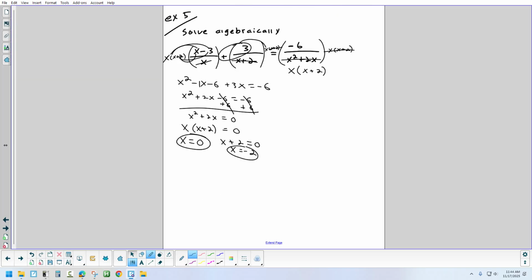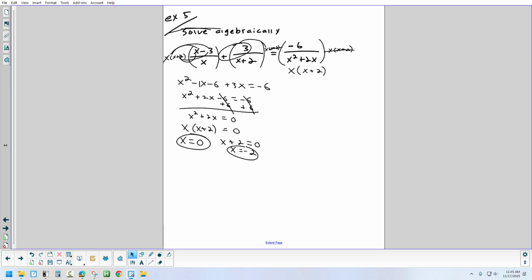Go back up and look at the original problem. What would happen if we try to fill 0 back in? The first fraction doesn't work, and the third. If you plug in 0, the first and the third will not work. What about negative 2?